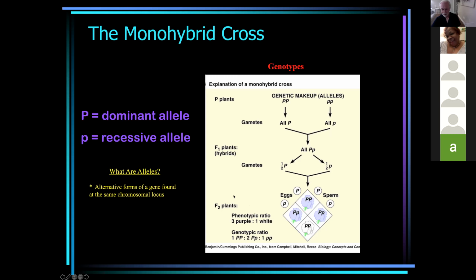How we get the 3-to-1 ratio. The phenotypic ratio is 3 purple to 1 white. The genotypic ratio is 1 big P big P, 2 heterozygotes, and 1 homozygous recessive. This is the only one that's white. And this is the monohybrid cross. Yes. That's what this is called. Okay. Monohybrid means that only one gene is involved. All the rest are homozygous.